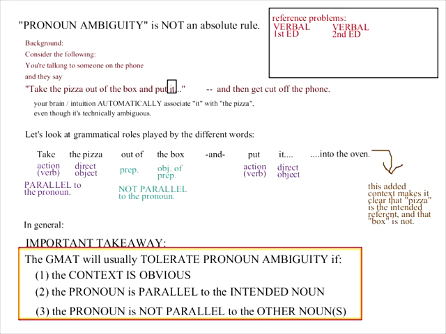Sorry, it's number 68 in the second edition, and it's number 71 in the first edition. So this problem is pronoun ambiguity that does not work.